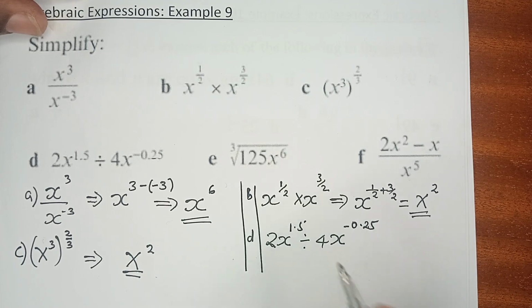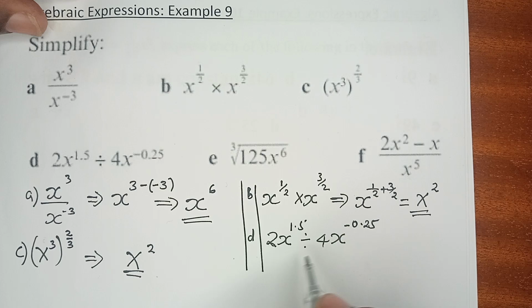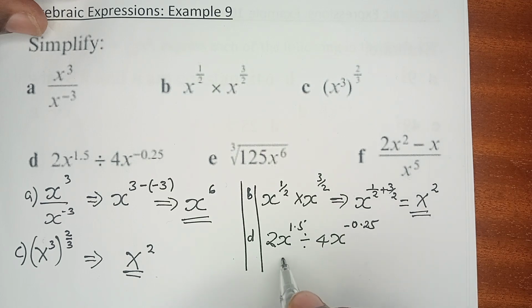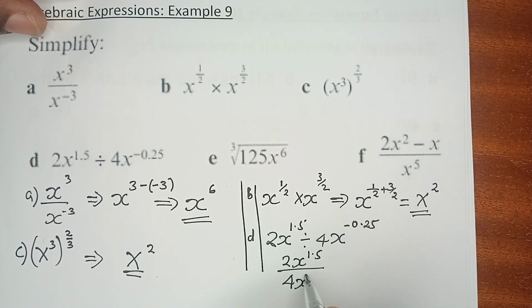Well, there is nothing difficult here, because this is division. And of course, we can rewrite this in the form of 2x 1.5 all over 4x negative 0.25, so that now we can look at it from that perspective.